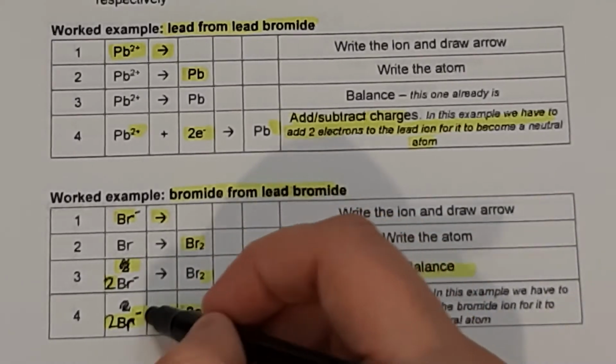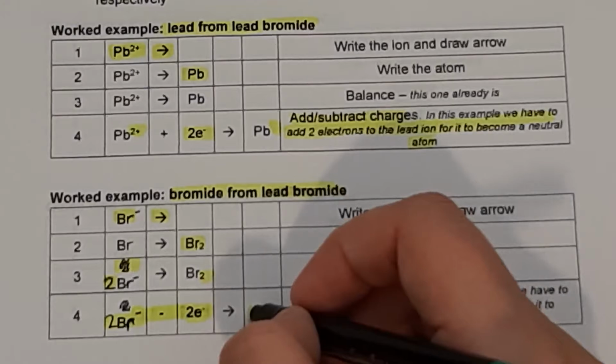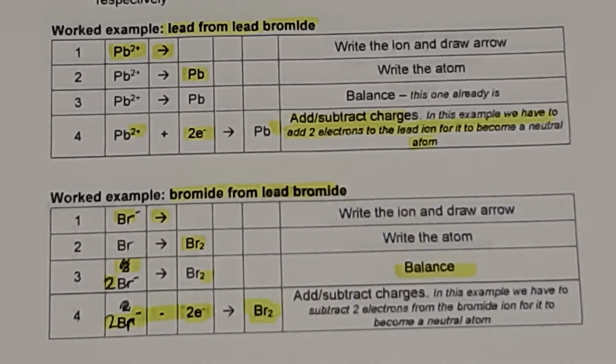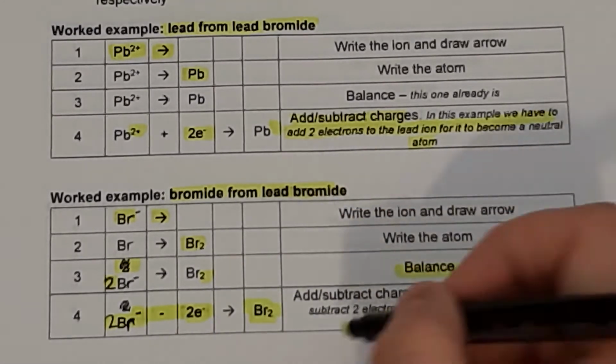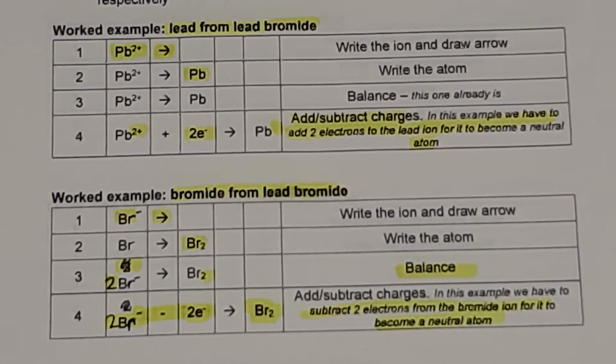So we have to subtract the electrons, we have to take them away, because only electrons can move. You can't move protons, for instance, because they're stuck in the middle of our atoms. Only electrons can move. So we're going to ditch 2 electrons from our bromide ion, and that's going to turn it into diatomic bromine. So we've subtracted our 2 electrons from the bromide ions to become a neutral molecule.